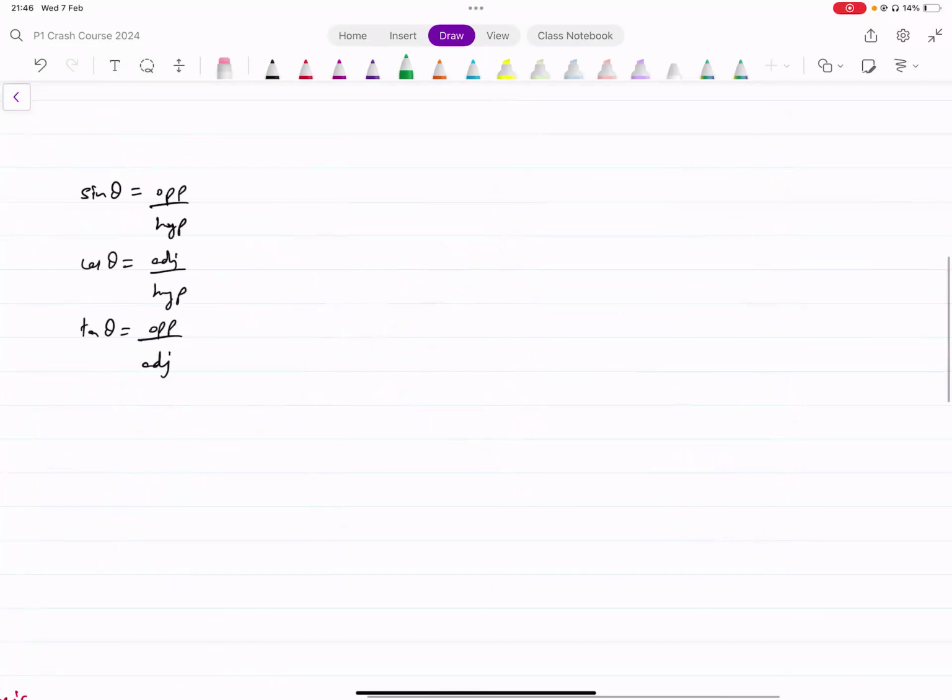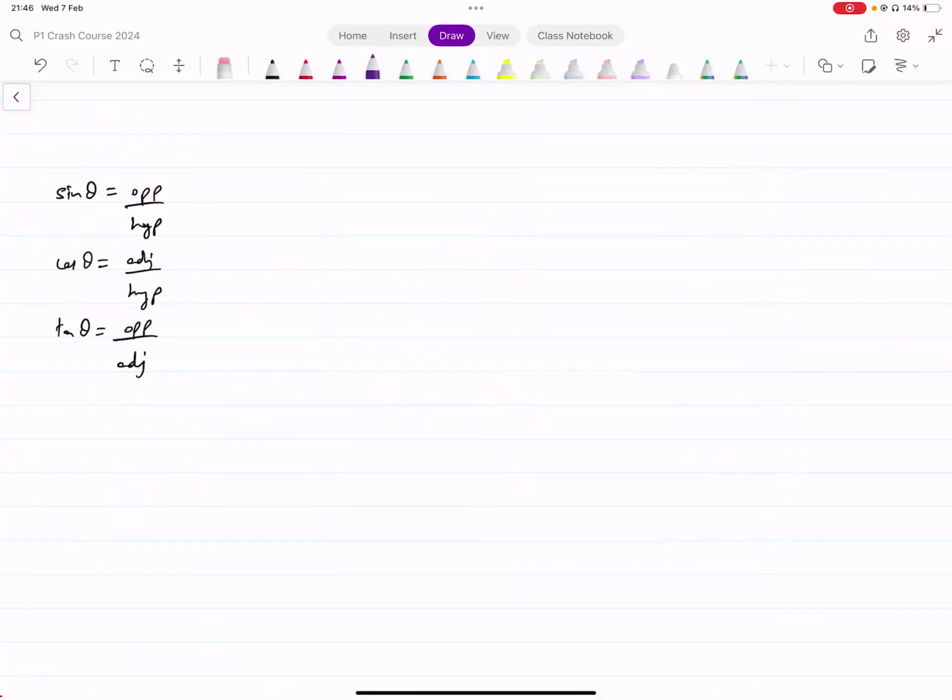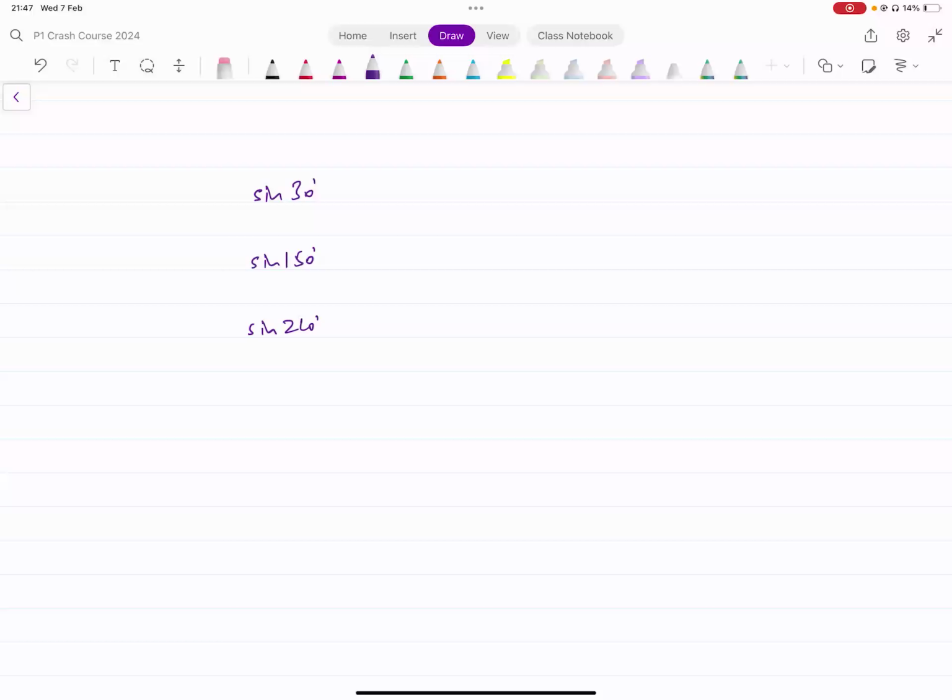Let's do that exercise. Because again, that's going to be important to understand the concept behind it. Let's try this. Sine of 30 degrees, sine of 150 degrees. Let me just write everything down here. Sine of 210 degrees and sine of 330 degrees. Do the same thing for cos.